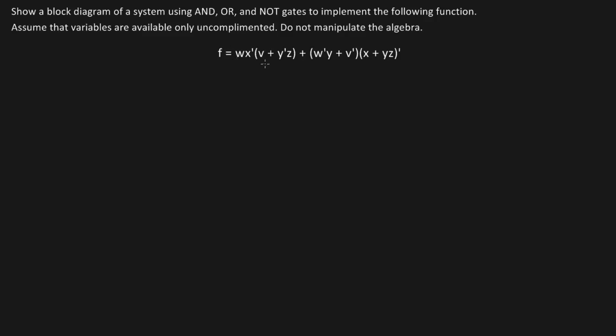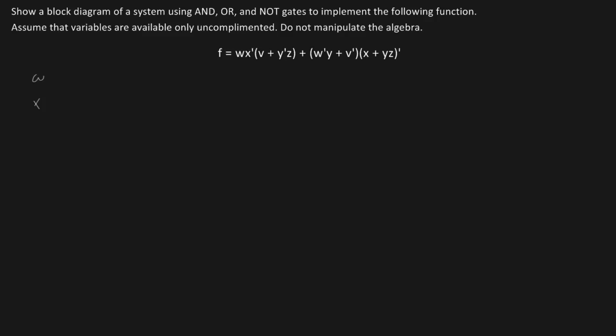Well, looking at this function here, I don't think it would really matter where you started, just as long as you start somewhere. I think I'm going to start here just at the left just to keep track. And so I'll start with the W here, and the X. So these two are going to be ANDed together, and the X has to be complemented first.